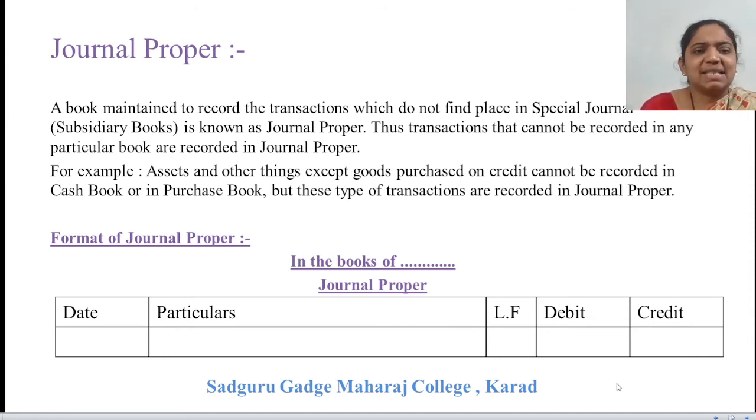For example, assets and other things, except goods purchased on credit, cannot be recorded in the cash book or in the purchase book. But these types of transactions are recorded in journal proper. Are you getting it, everyone?